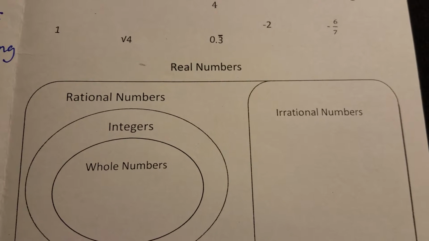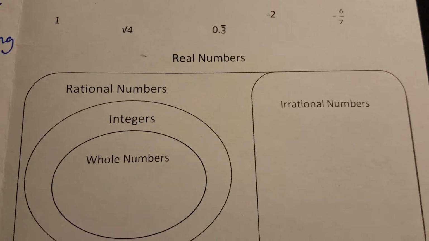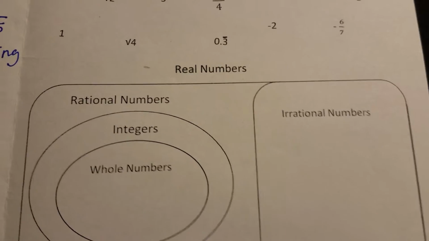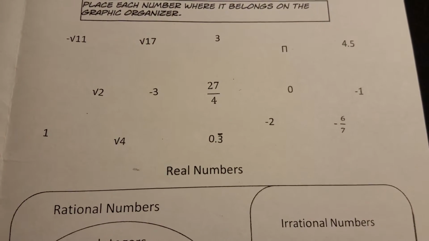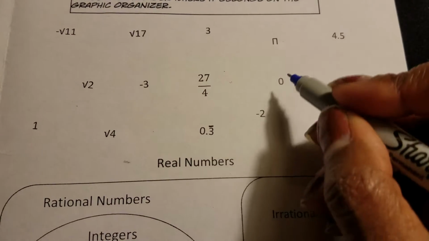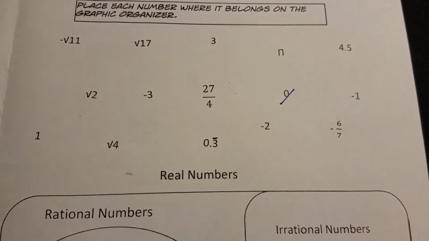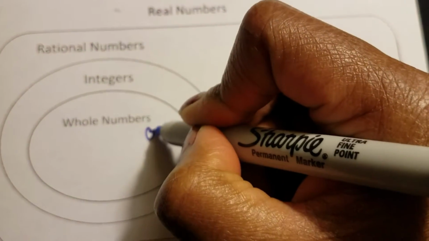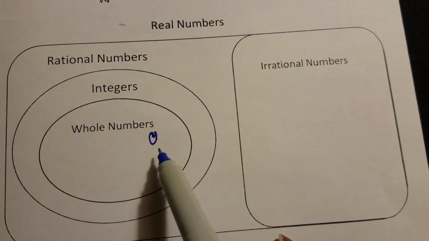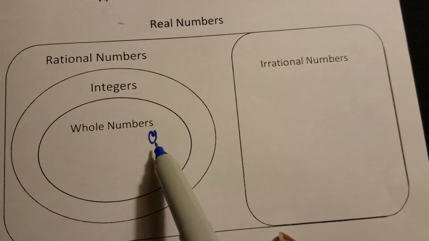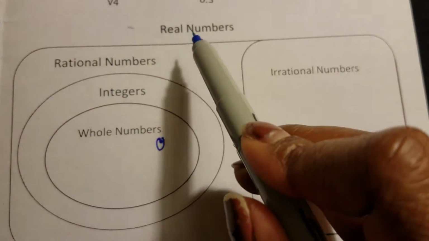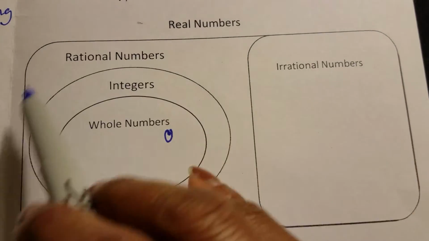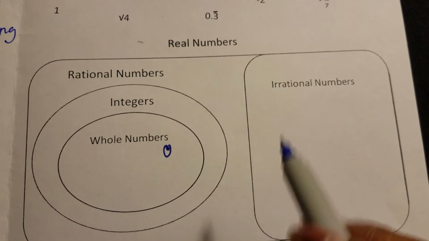Positive, no negatives. So now let's look up here and let's find some whole numbers. I see one would be 0. That's a whole number, so I'm going to place that here. Because 0 is also a whole number, and if it's inside, that means it's a whole number, it's an integer, and it's a rational number, and it's also a real number.